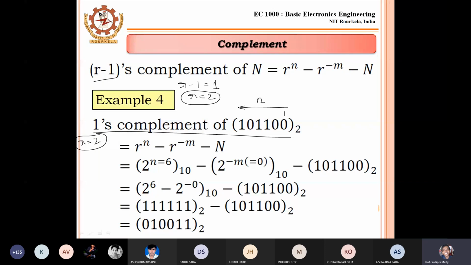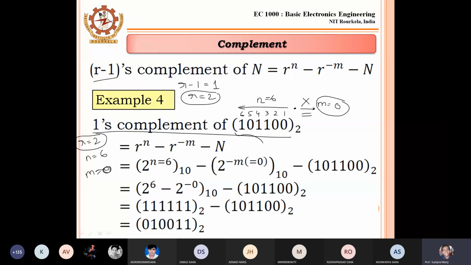Here we have 1, 2, 3, 4, 5, 6, so small n equals 6. We do not have any fractional part, so m equals 0.